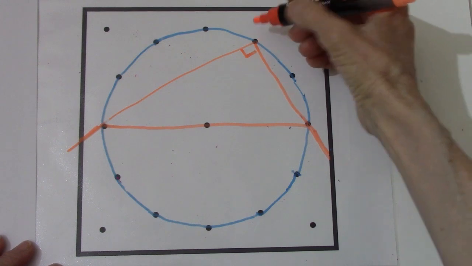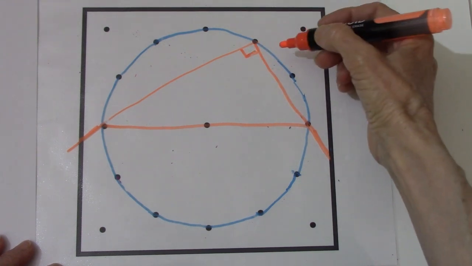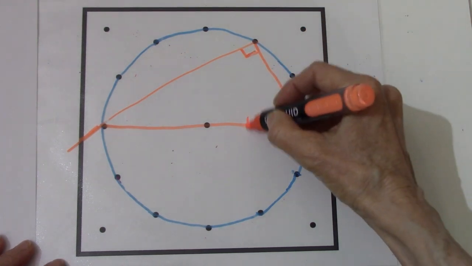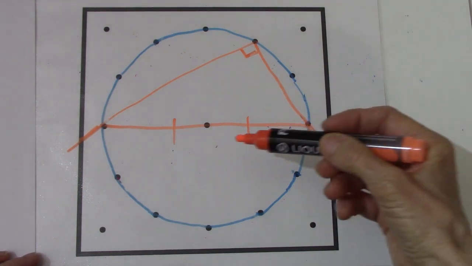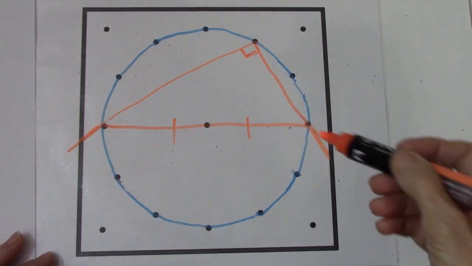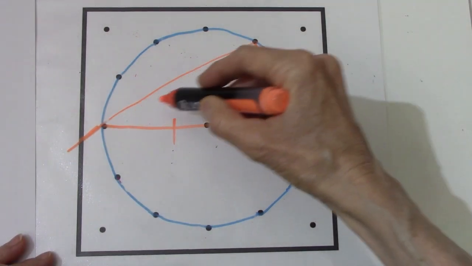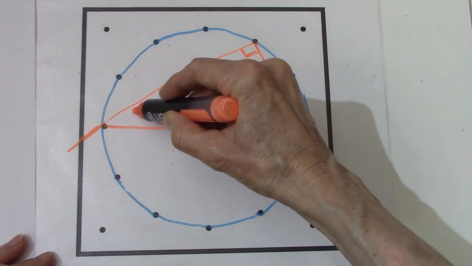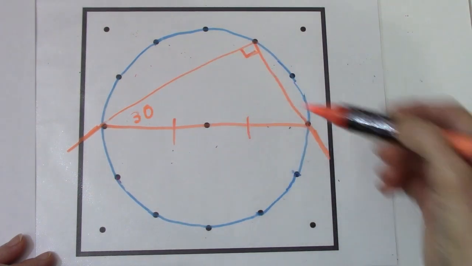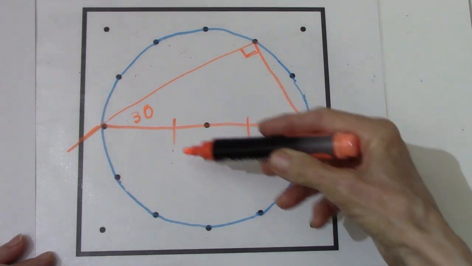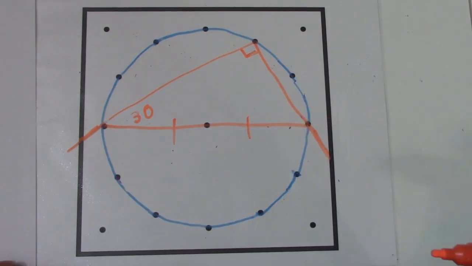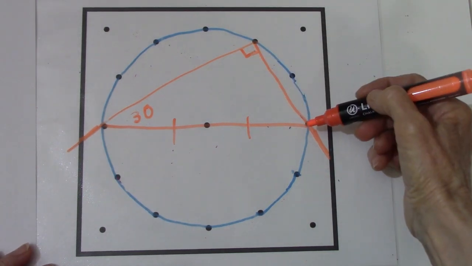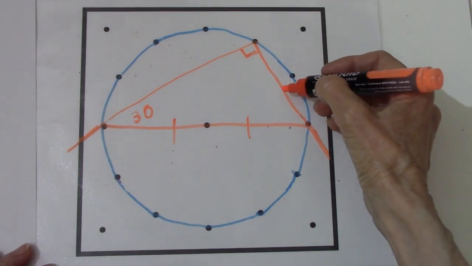And like I said, this is tested heavily, because once we know this, we also know that those two are radii. If they give you the angle over here, and let's say they tell you that this angle is 30 degrees, well, then we can use the 30, 60, 90 and come up with the length of this side, which would be half of this.